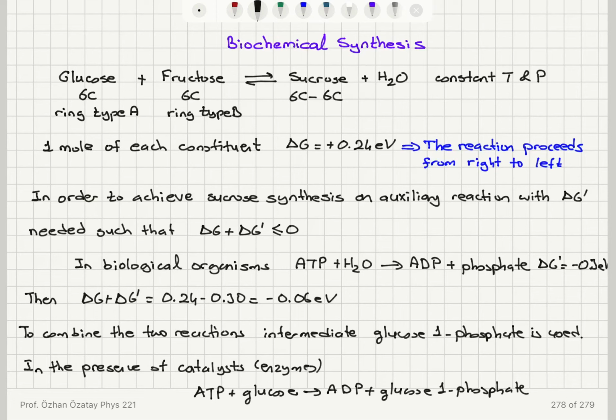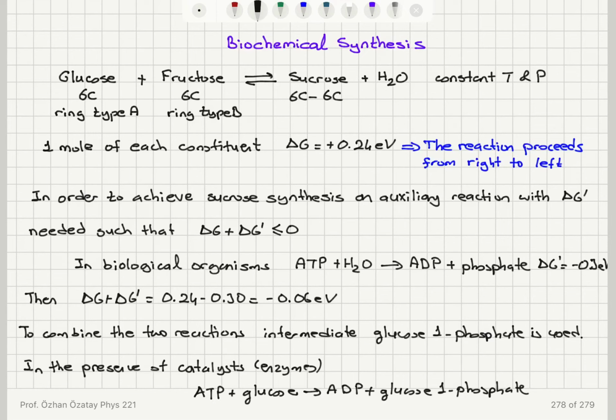So we have seen one example: glucose and fructose reacting to produce sucrose, an ordered biological macromolecule that involves a total change in the Gibbs free energy of plus 0.24 electron volts per mole.